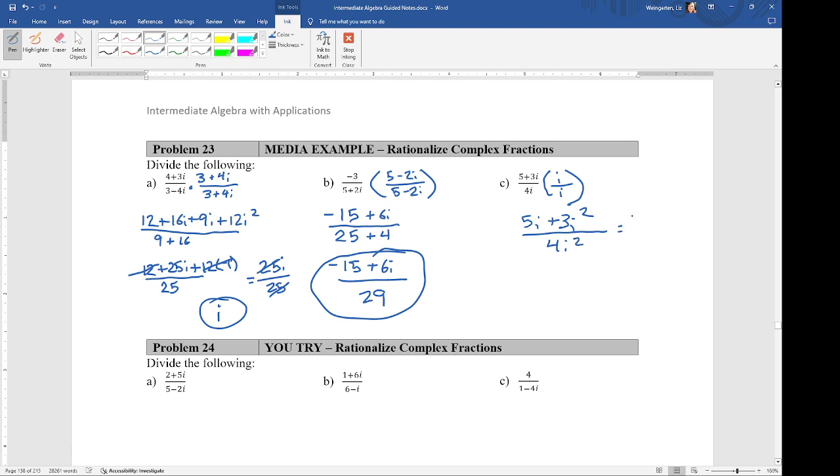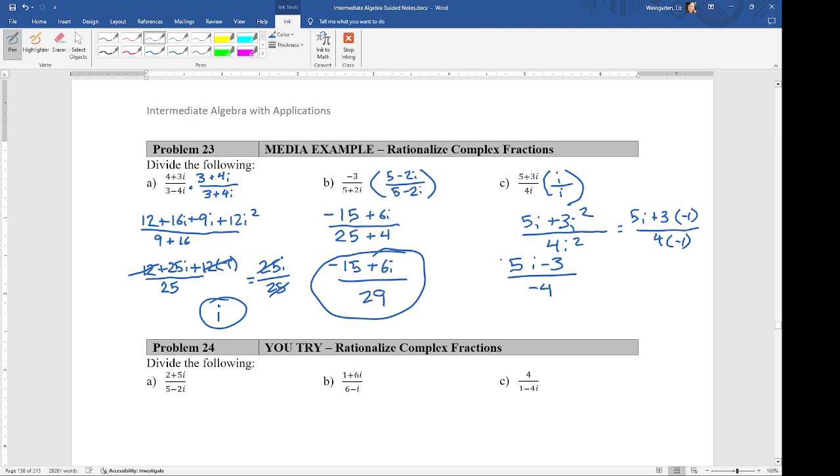We'll replace those i squareds with -1s. And we will end up with 5i minus 3 over a -4.